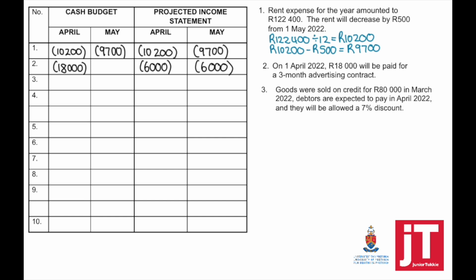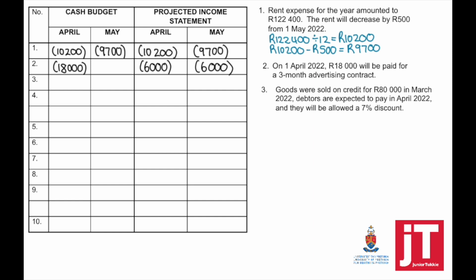Number 3, goods were sold on credit for 80,000 in March 2022. Debtors are expected to pay in April 2022, and they will be allowed a 7% discount. So we sold goods. We expect money to come in from our debtors the following month, which is in April. So I'm not going to show sales as an income.